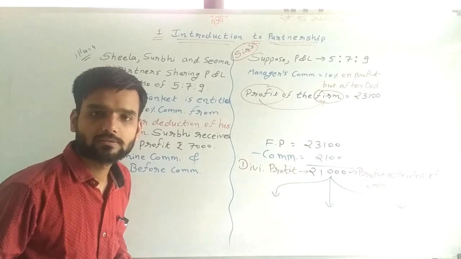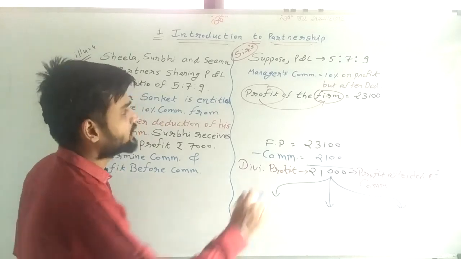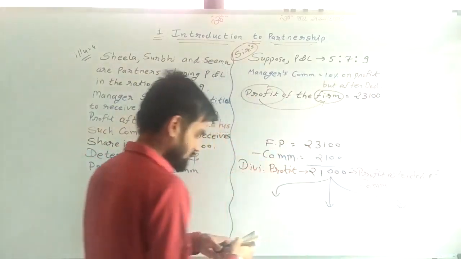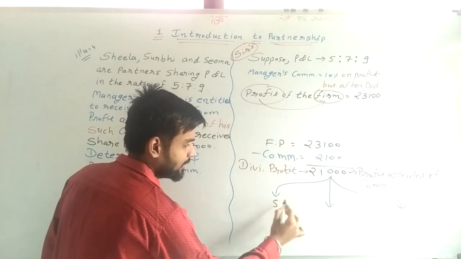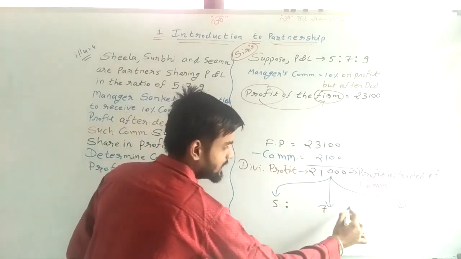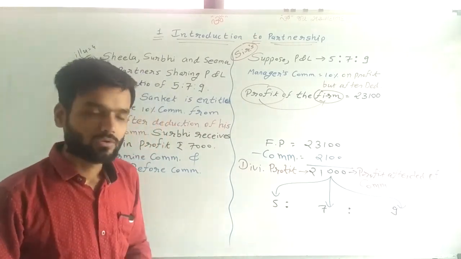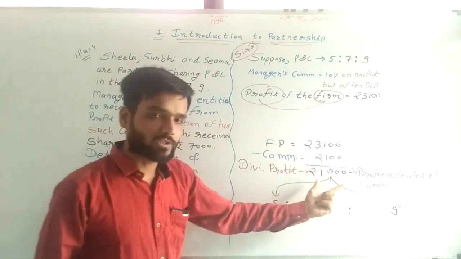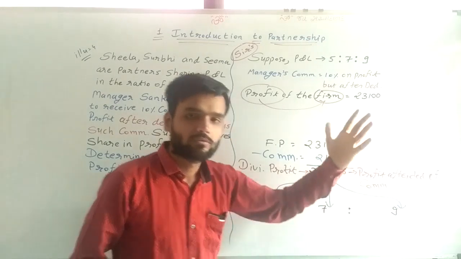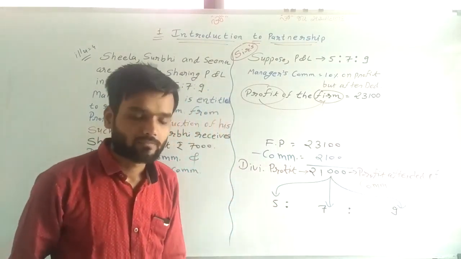among the partners in the ratio of 5, 7 and 9. So here we are writing 5 ratio 7 ratio 9. So this 21,000 we are distributing in 3 parts.